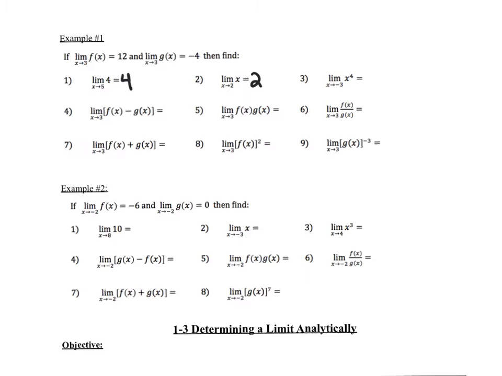For number 3, we have the limit as x approaches negative 3 of x to the 4th. So we'll use rule C and look at negative 3 to the 4th, which is 81.